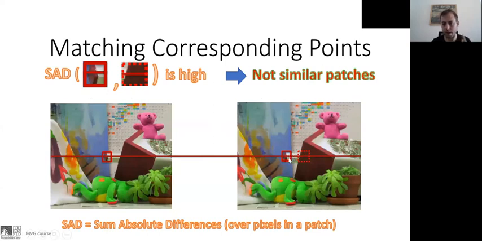I calculate SAD for every pixel, so for this pixel, for example, I calculate the SAD when I compare it to this pixel and when I compare it to this pixel. And then I take the minimal value, and I take the argmin, the disparity that gives me the minimal SAD. That's the value that I want to put here in this pixel. So you go over the entire row of patches and you select the one which is minimum? Yes, the disparity that gives us the minimal cost.